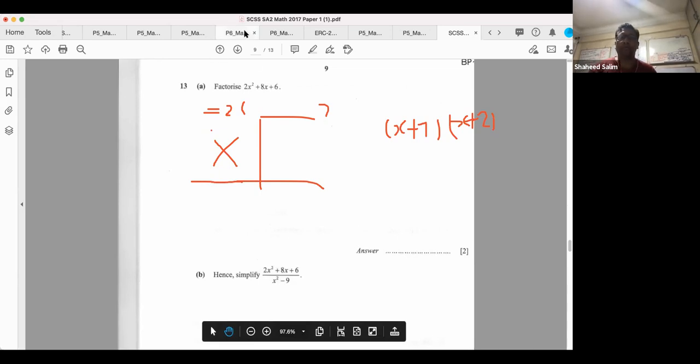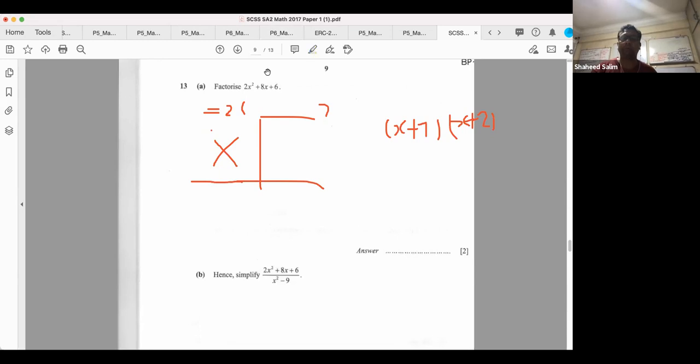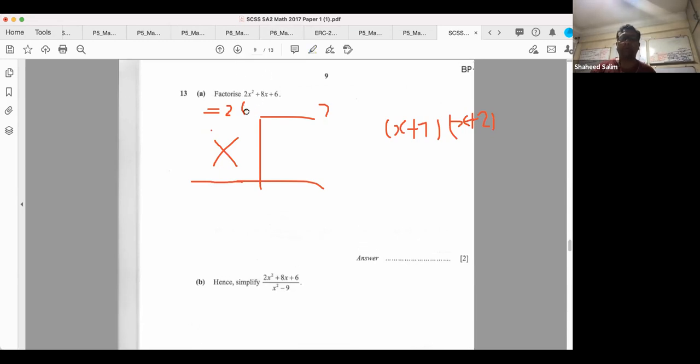For those of you who are not too sure, I divide by 2. x square, 8 divided by 2 is 4x, 6 divided by 2 is 3.